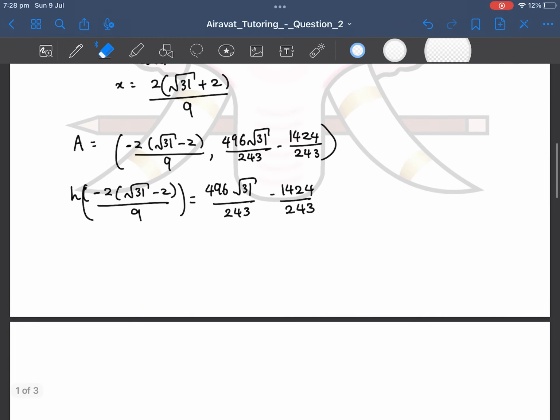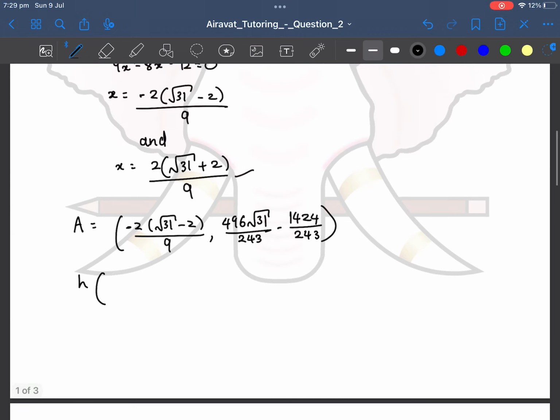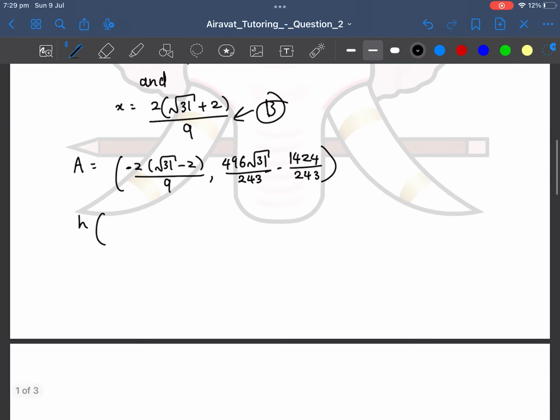Now let's find our coordinate B. Same technique, we'll again substitute this point right here, because this one was for A and this one is for B. So I'm going to substitute this x coordinate right over there, 2 square root of 31 plus 2 over 9, which will give me, again, I did this all on CAS, I'm not a super genius who can evaluate this in my head, 496 square root of 31 over 243 minus 1424 over 243.